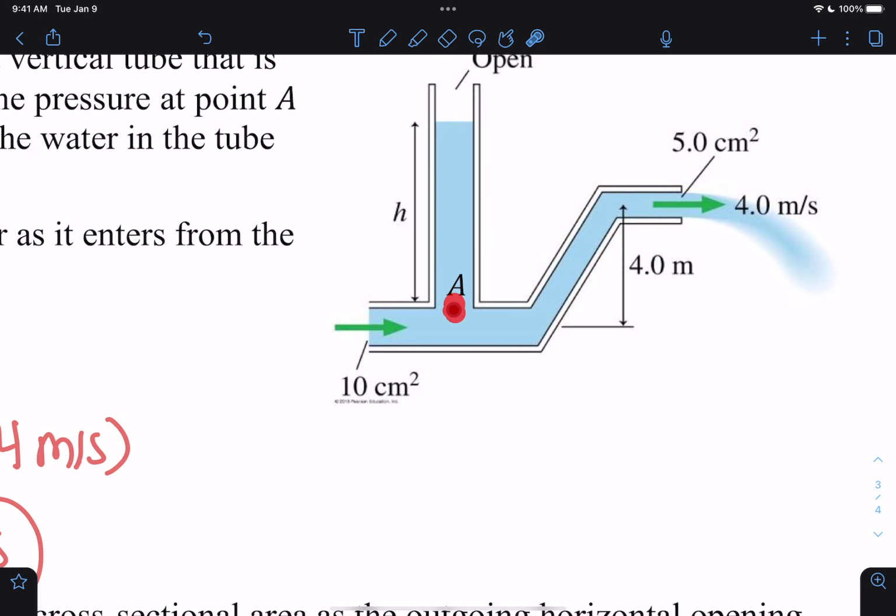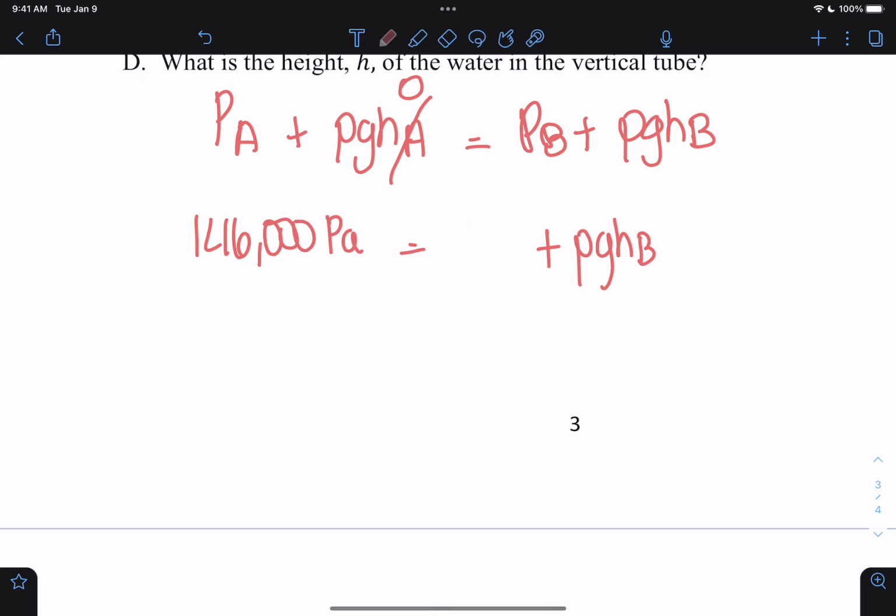Now, what is the pressure at point B? What is the pressure here? Yeah, 1 atmosphere, right? And that's going to be 10 to the 5th pascals. So we want to make sure that everything is in units of pascals. Very rarely do we ever use atmospheres for these equations.